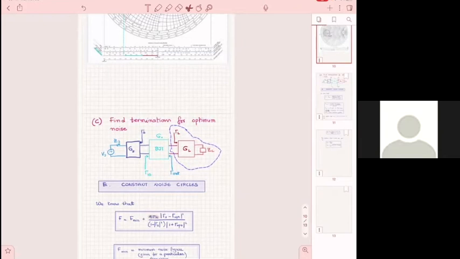We just conjugate match with R out, since in our case it's all unilateral. Exactly. You remember what we said? In a unilateral amplifier, the input matching network and the output matching network don't see each other. So since whatever I do on the input matching network for noise is not going to impact the output matching network, of course I would like to get the maximum gain out of it.